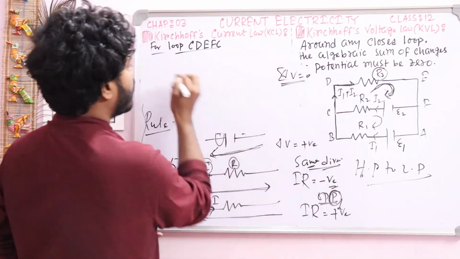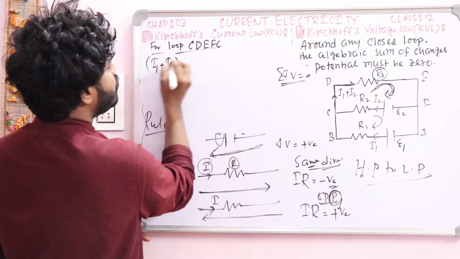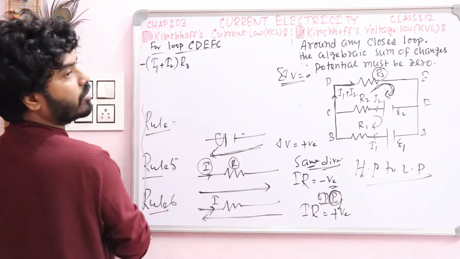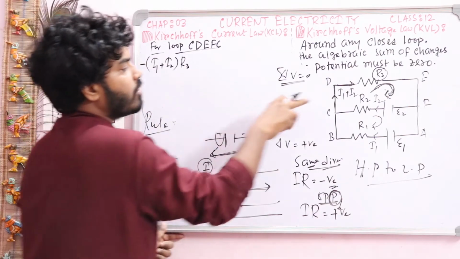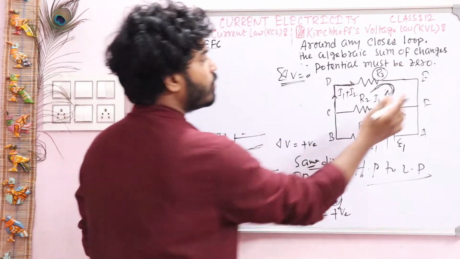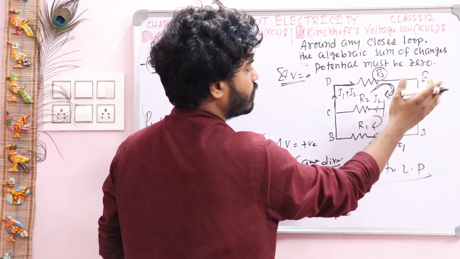So here the potential, that means I1 plus I2 into R3, must be negative. Why negative? Because the direction of current and your direction are the same. Okay, now E to F, there is no equipment, just only wire, no problem.